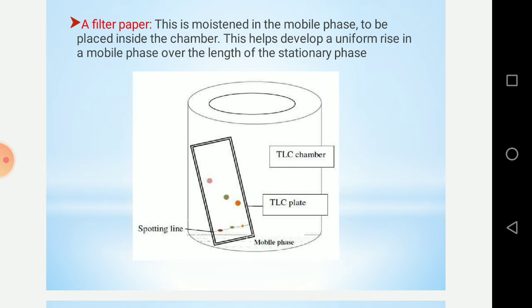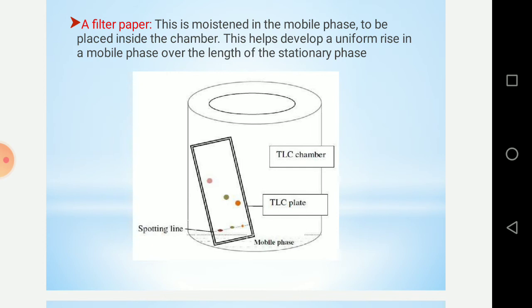This diagram shows where every instrument used in the TLC is mentioned. That is the TLC chamber. This is the entire outer box. You can see it is the TLC chamber. The TLC plate is the plate which you can see inside.